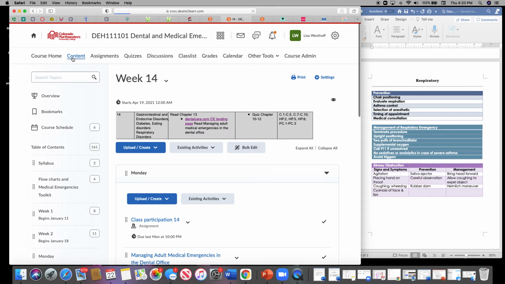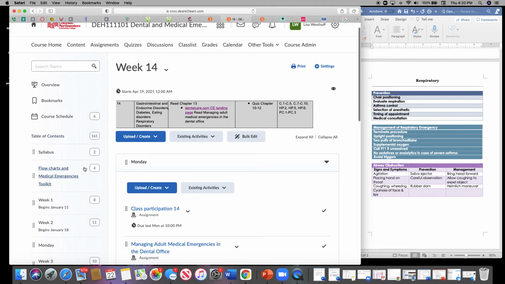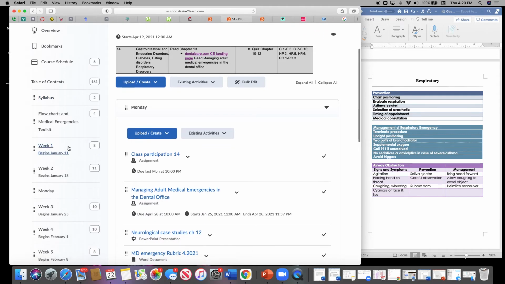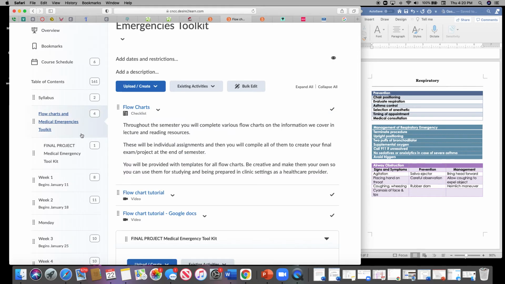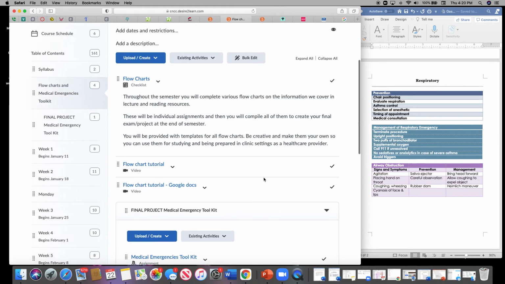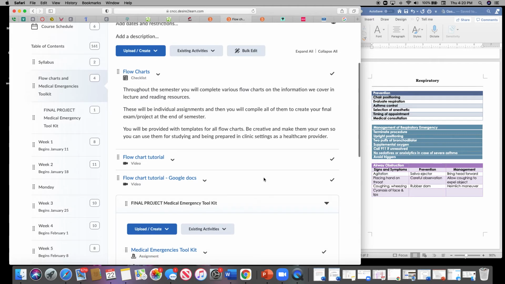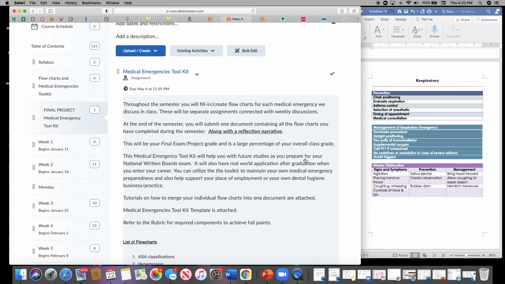Then the last thing we've got, right, is your final exam. Or not exam, sorry, final project. So when you're looking at your content, I know your screen looks a little bit different than mine, but when you're looking at the content, you can go to the flowcharts and medical emergencies toolkit. You can also get to this from your assignments. But if you go to the final project, you're going to see this part.